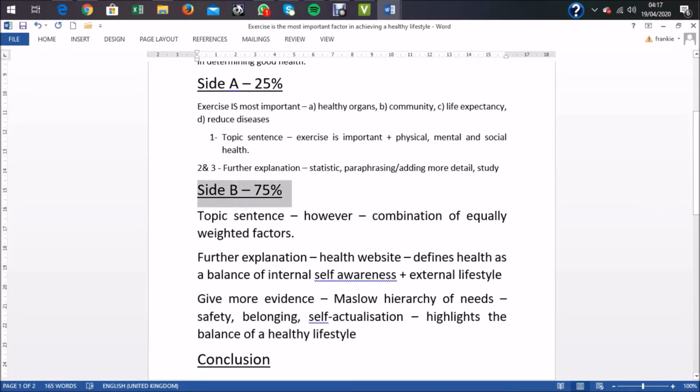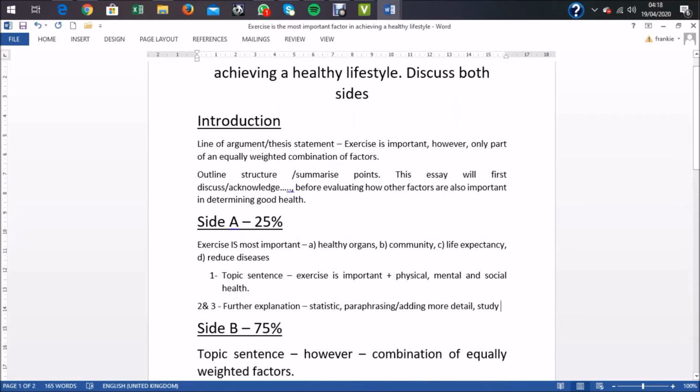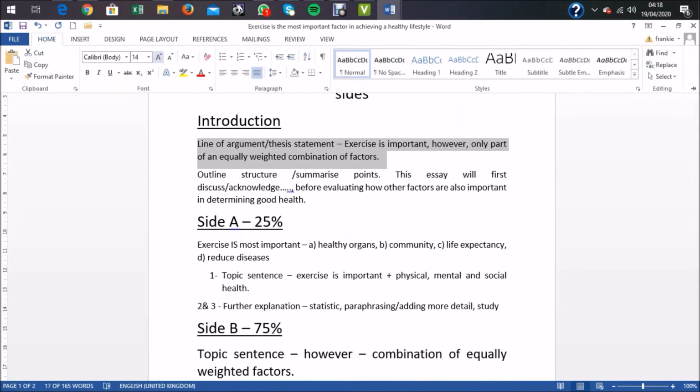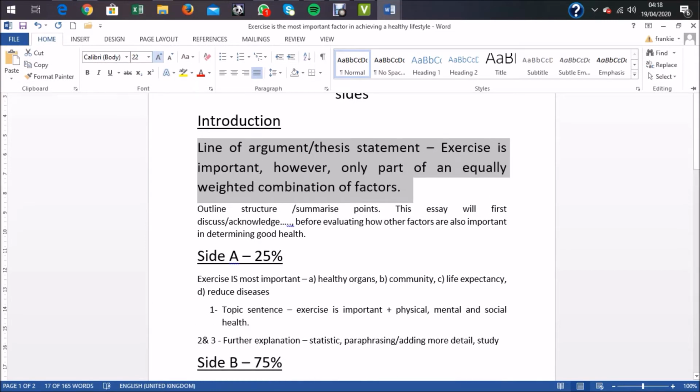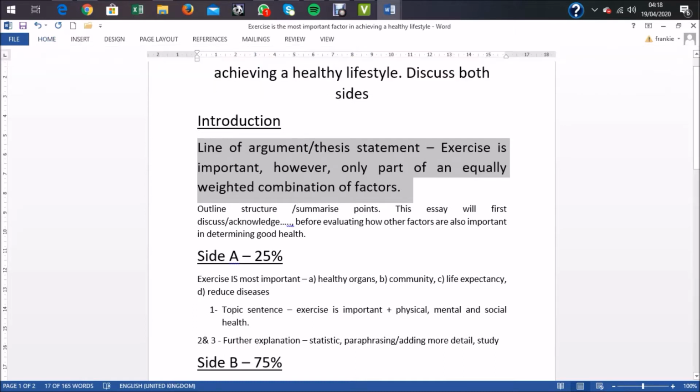Overall, we sided 75% of the way with side B and 25% of the way with side A. And those numbers enabled us to determine our thesis statement, which we can highlight here. Exercise is important, however, only part of an equally weighted combination of factors.